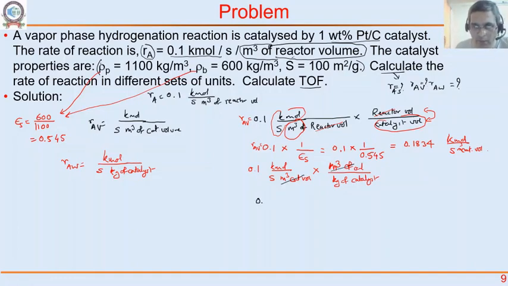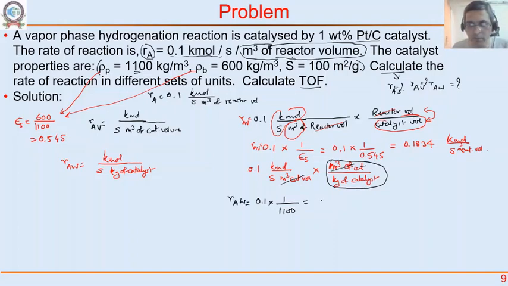Then I would have 0.1 multiplied by kgs of catalyst per meter cube of catalyst volume. What is that? That is nothing but 1 by density of the catalyst particle, 1 by 1100. So this would be now my RAW.